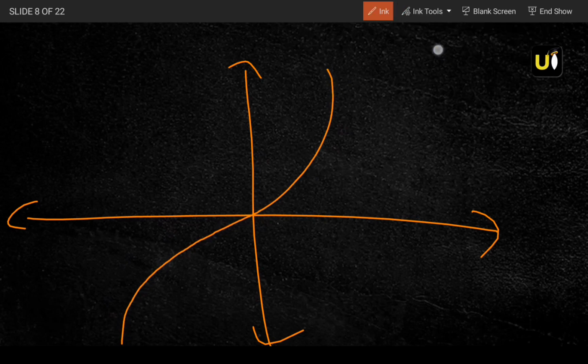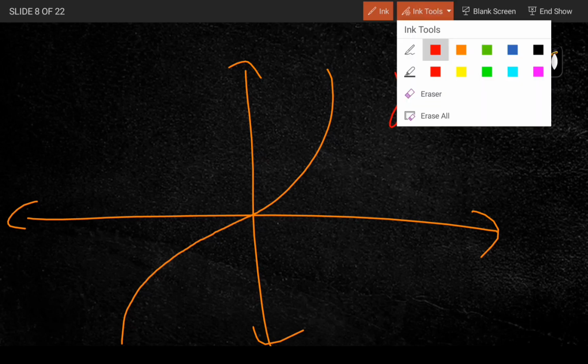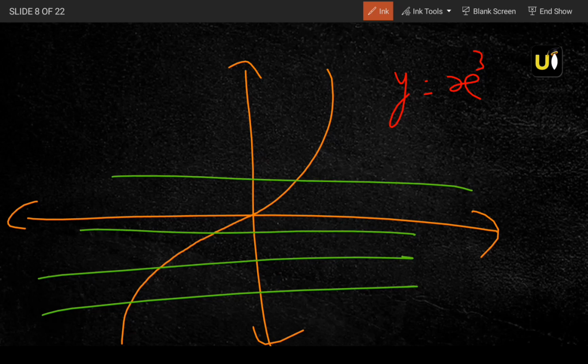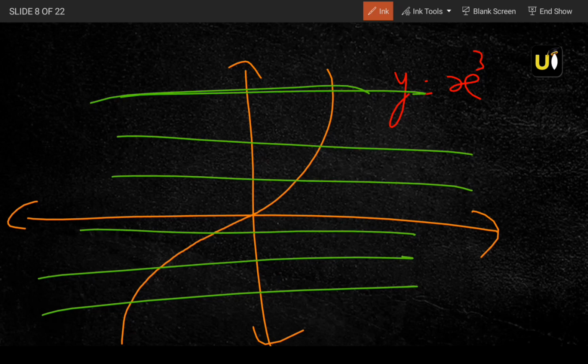So basically this is the y is equal to x cube graph. Now let's draw the horizontal lines. You can draw as many as you can. See, there is a unique intersection. Here there is only one point of intersection. So that means this is a one-one function.